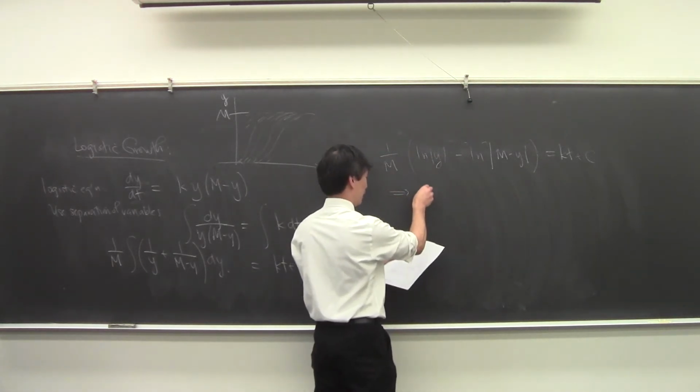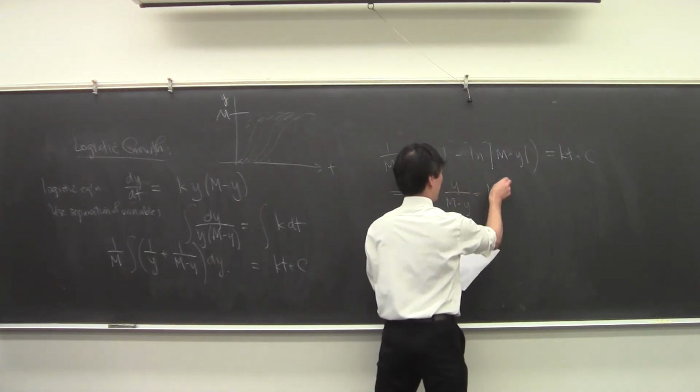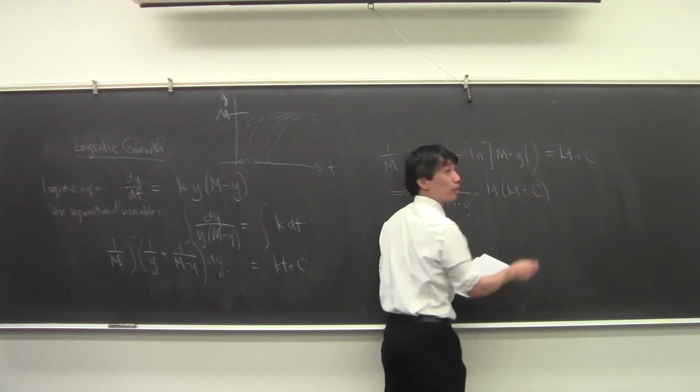So we get that natural log of y over (m minus y) equals mkt plus c.